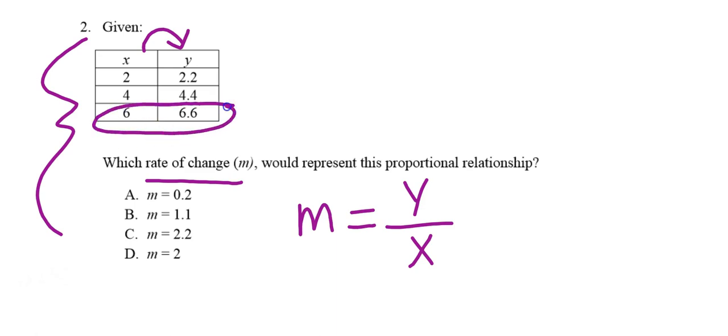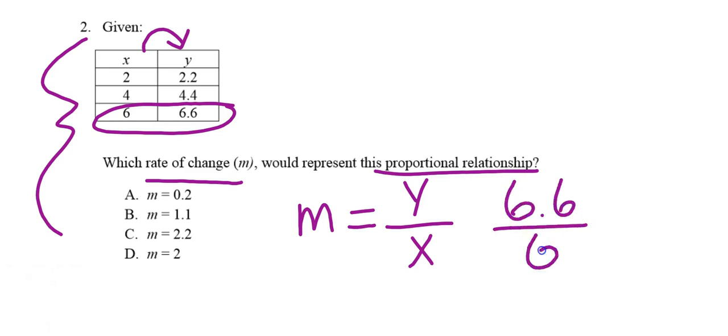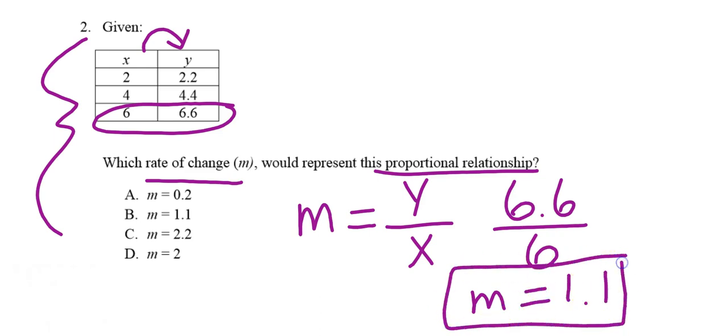We could take the last one because we know it's proportional, doesn't matter. I'm going to take 6.6 and divide it by 6, and m is equal to 1.1. So our rate of change, which is also known as our slope, is 1.1. And again, this is for proportional relationships.